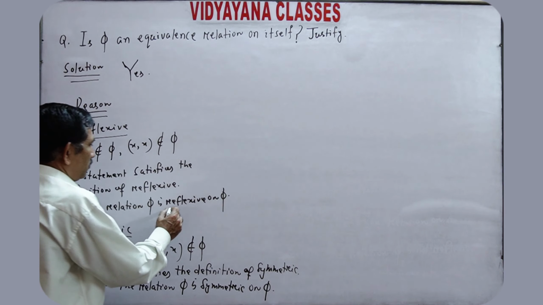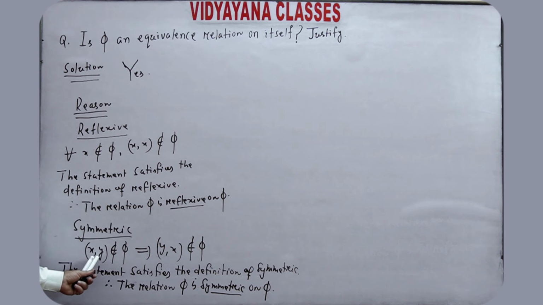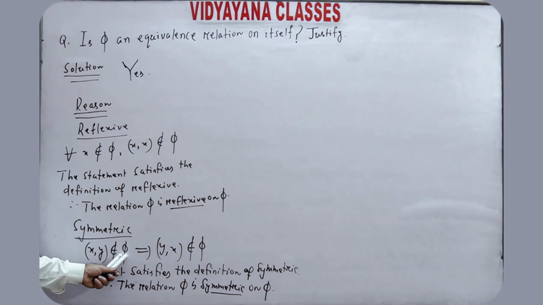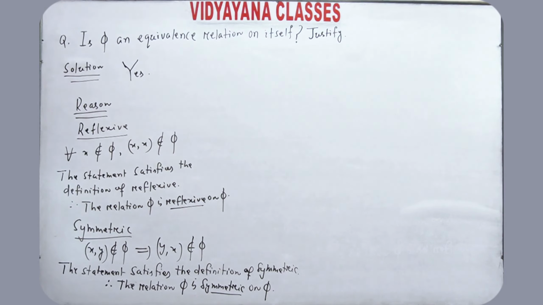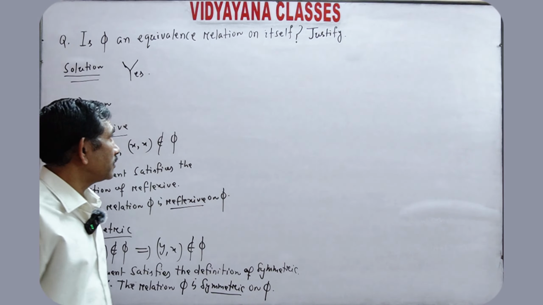The above statement means (x,y) belongs to phi is true, which implies (y,x) doesn't belong to phi is true. The statement satisfies the definition of symmetric. Therefore, the relation phi is symmetric on phi.